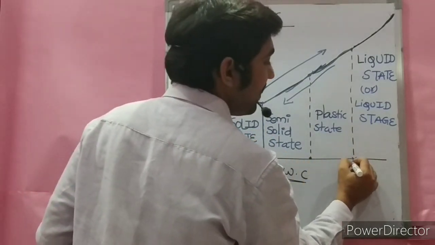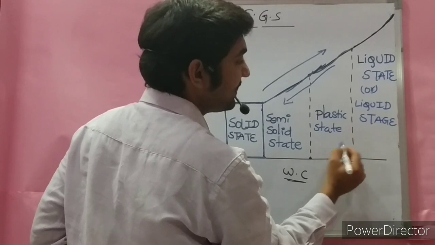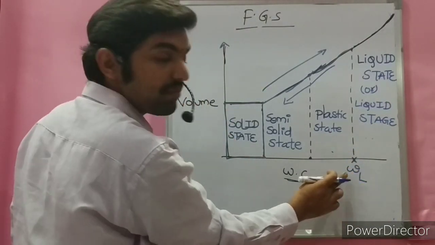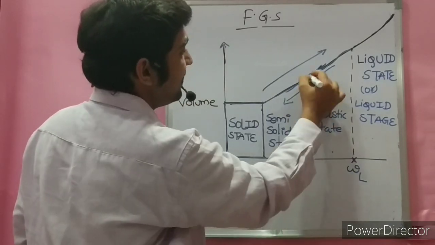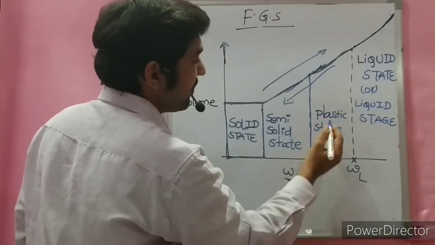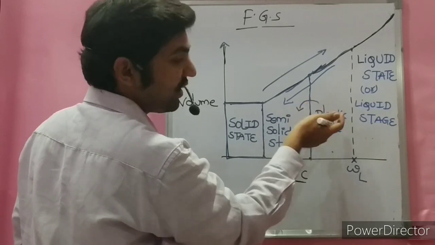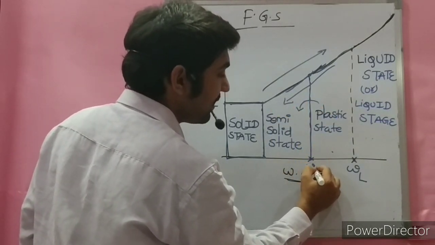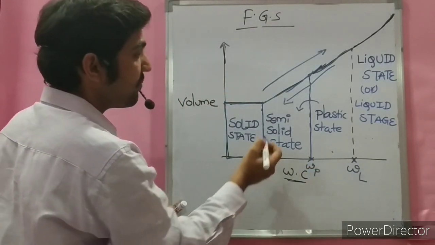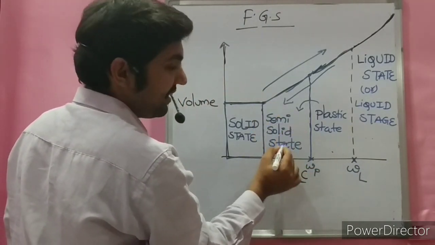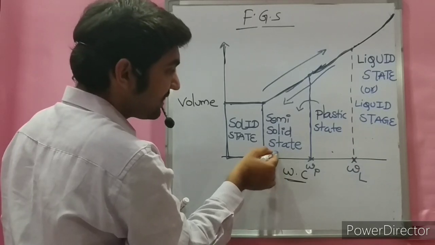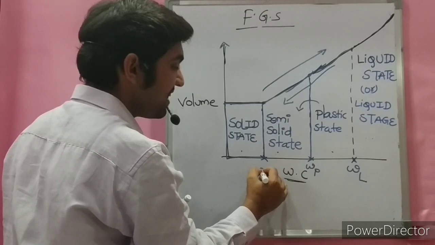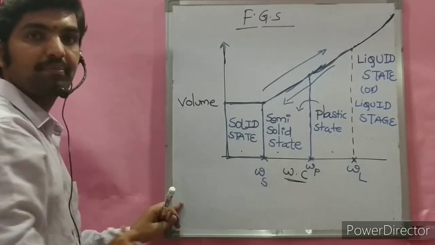This boundary, where it crosses from liquid state to plastic state, is called liquid limit. It is denoted by WL. This boundary, where the soil reaches from plastic state to semi-solid state, is called plastic limit, WP. The boundary water content at which the soil converts from semi-solid state to solid state is called shrinkage limit, WS.